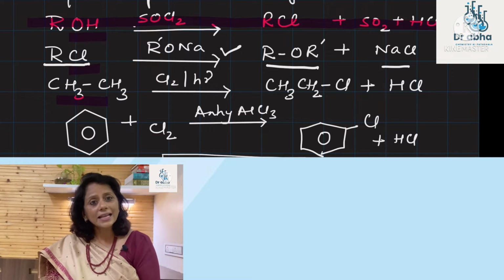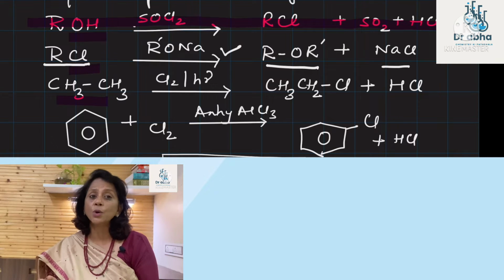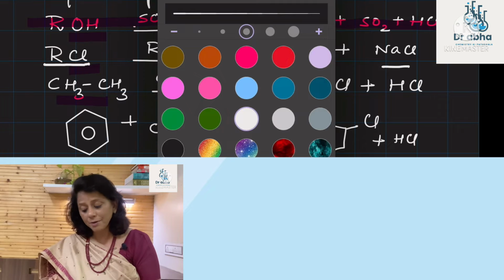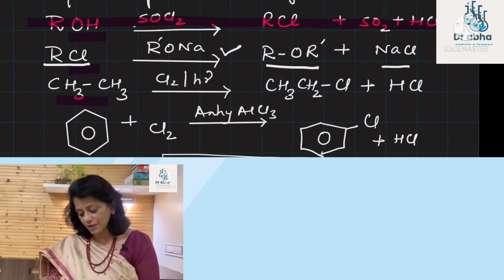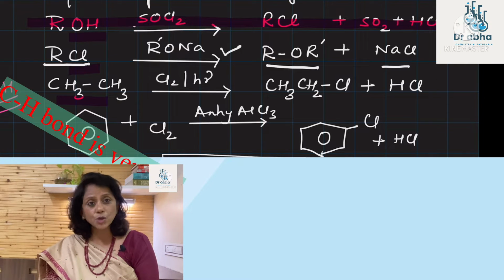Third is alkane. Kids, just be aware that it is not easy for alkanes to undergo reactions. Why? Because the carbon-hydrogen single bond is very, very strong. We need quite a high amount of energy for the breakdown of this bond. So it's not easy for alkanes to undergo reactions, right?